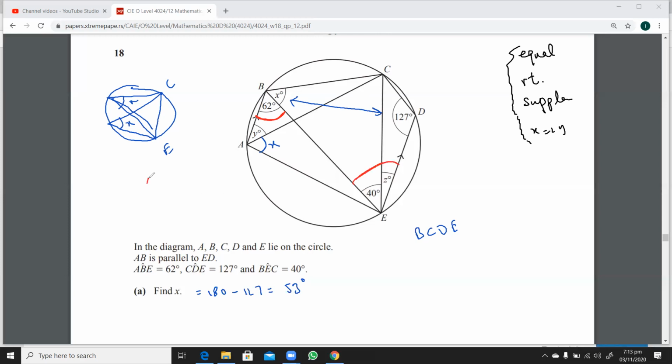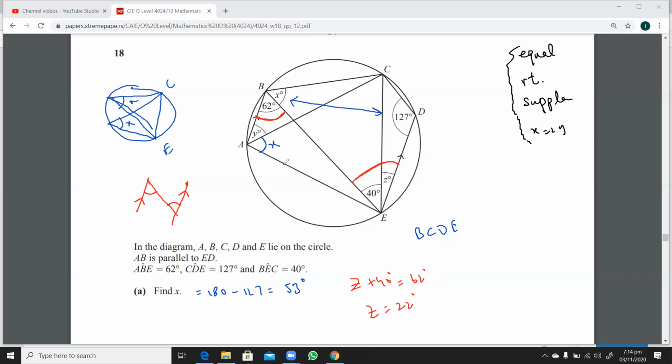Because when you have two parallel lines and a line crossing them, these two angles are going to be equal. These are the alternate angles here. So you have this z plus 40 degrees equal to 62. So I get this z as 22 degrees.